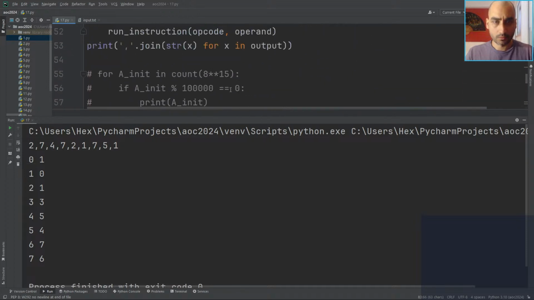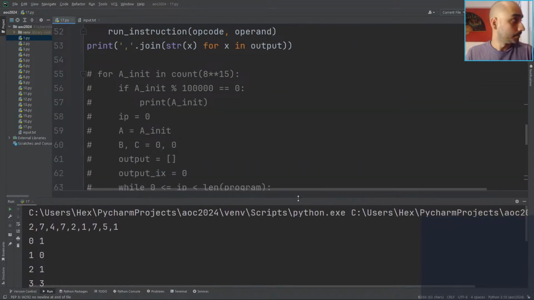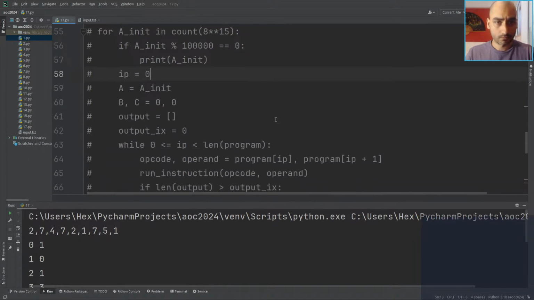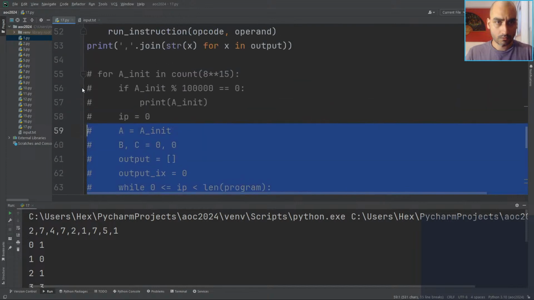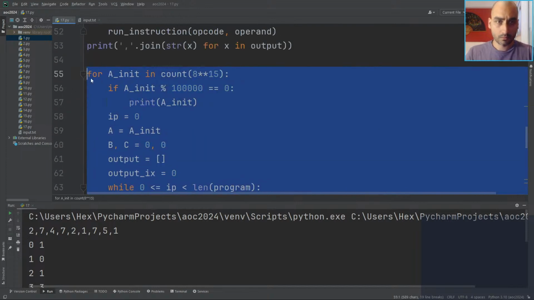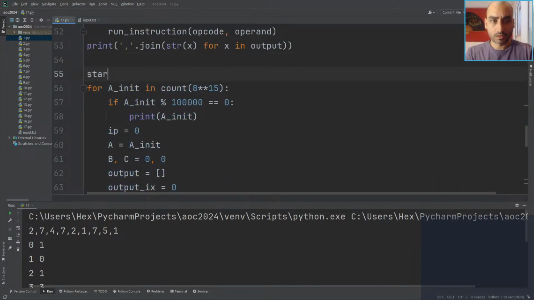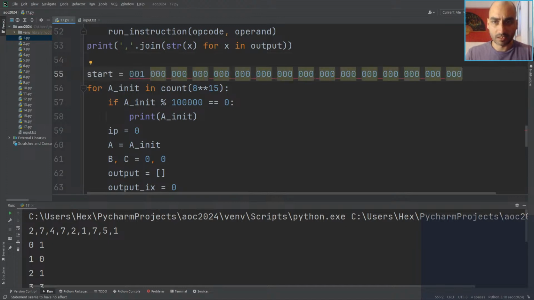So starting number equals, so it's going to be like that.